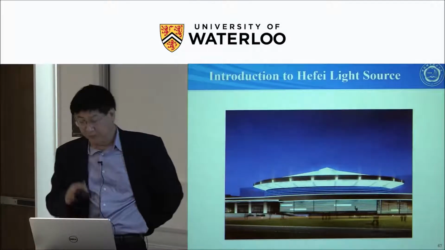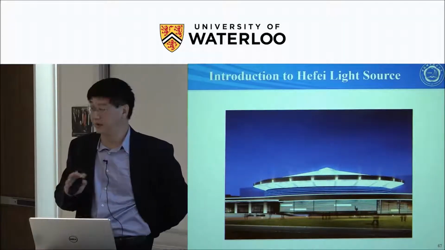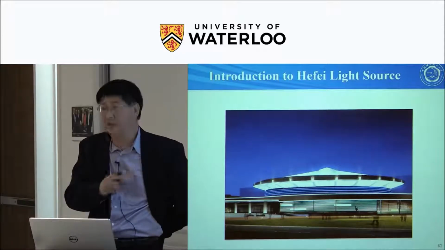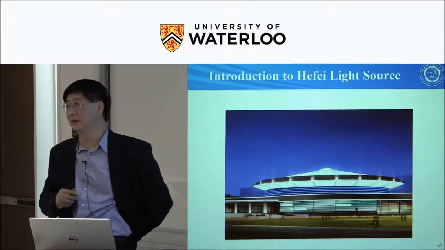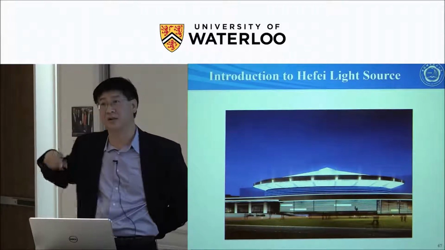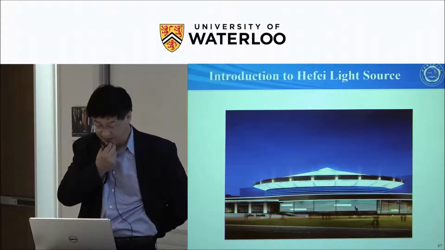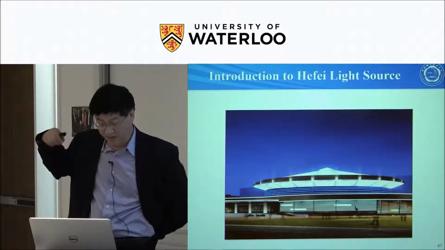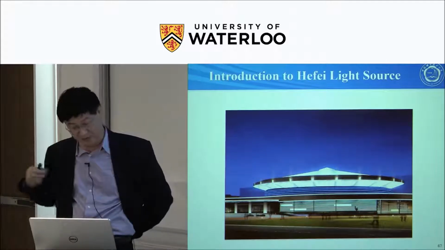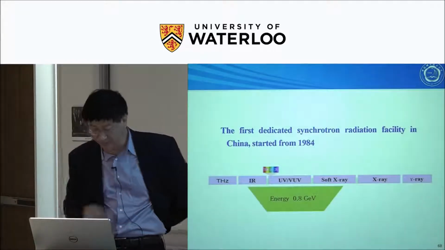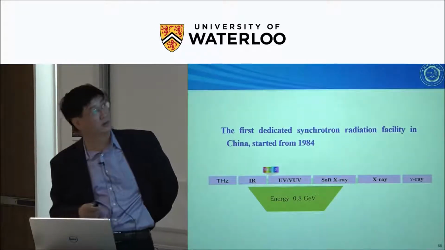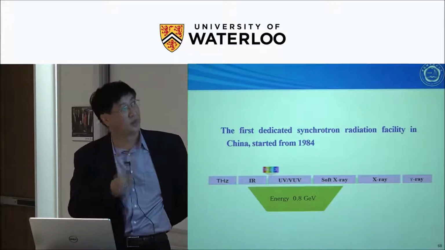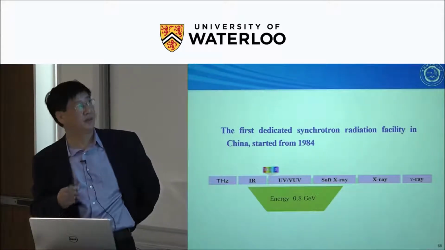Well, before I end my presentation, I'm going to introduce a little bit of the Hefei Light Source. We have a synchrotron light source in Hefei, and it is an open user facility. This is why I introduce it to you. This is the first dedicated synchrotron radiation facility in China.